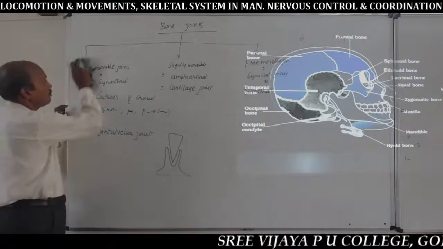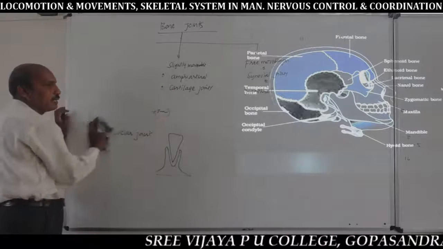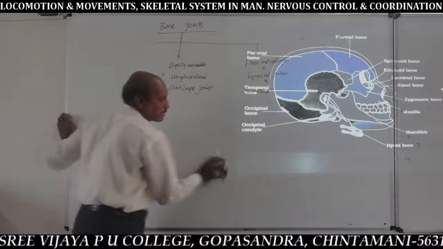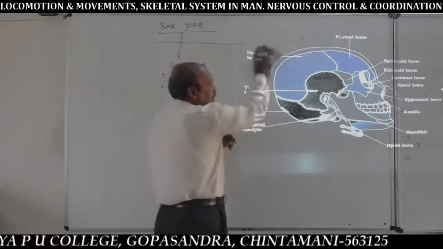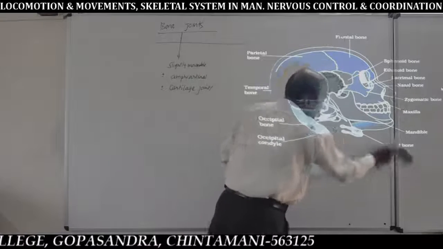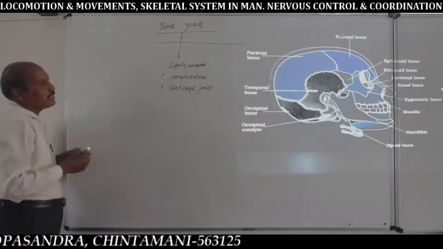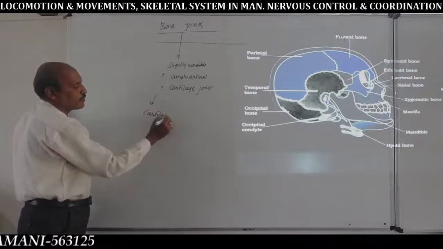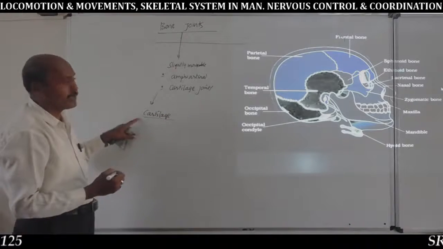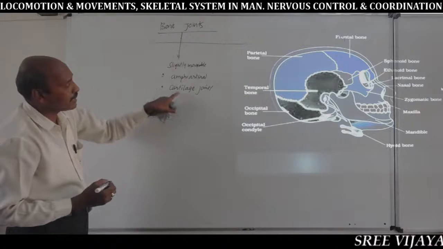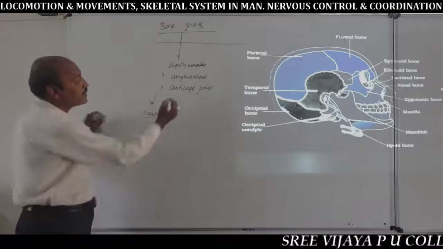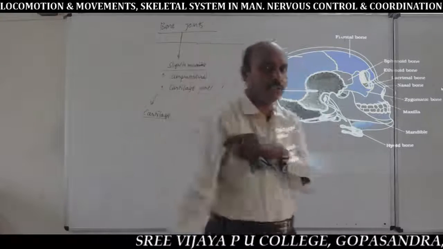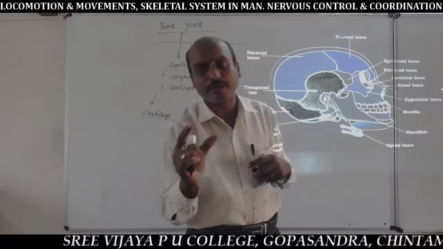Then next to the immovable joints are the slightly movable joints, or amphiarthral joints, or cartilage joints. See, these joints are made up of hyaline cartilaginous tissue. That's why such joints are called cartilaginous joints. These joints show slight movement, never free movement.